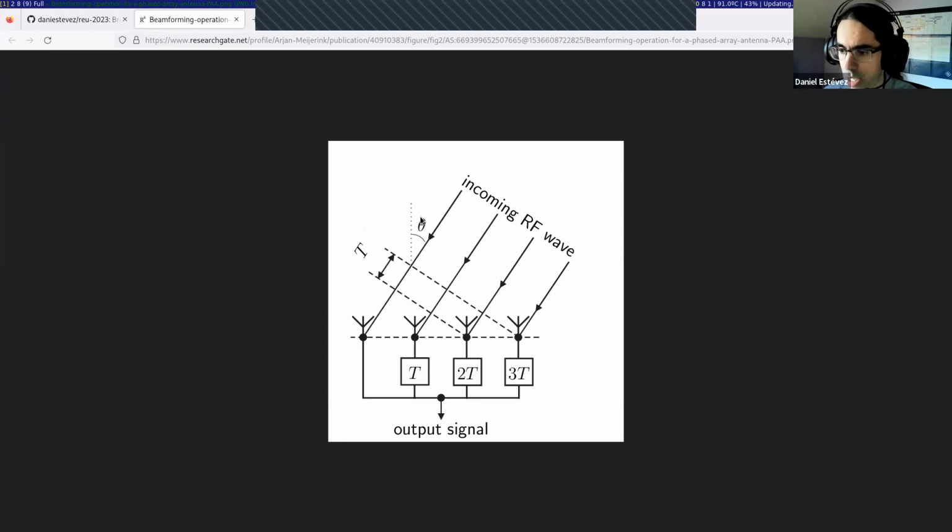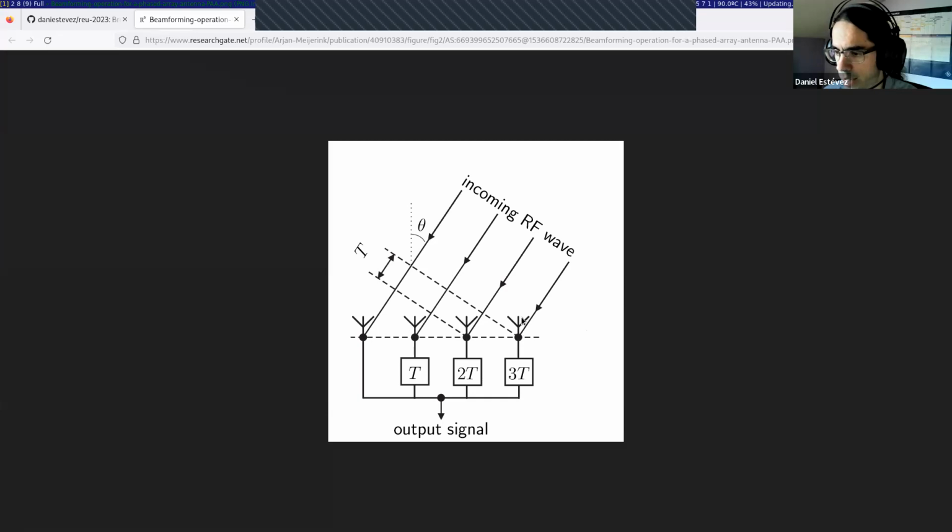That's just basic trigonometry, and we can check with some corner cases. For example, when theta is 0, that means the radio frequency wave is coming directly from above, so it's hitting all the antennas at the same time, and in that case t would be 0. The sine of theta is 0, so that works. The other corner case is when the incoming wave is coming from one side.